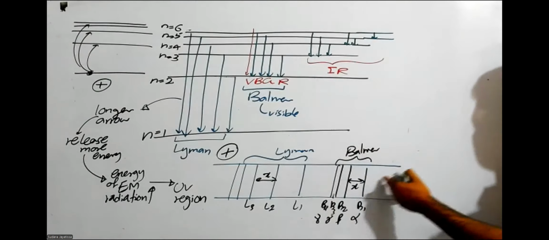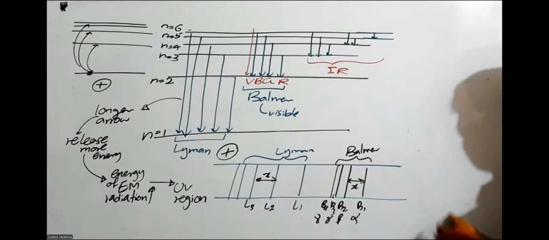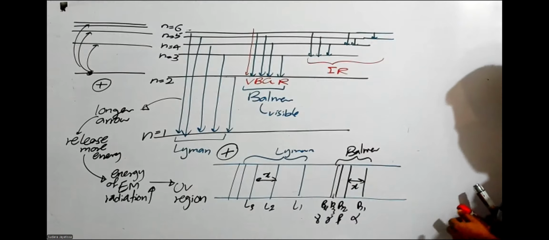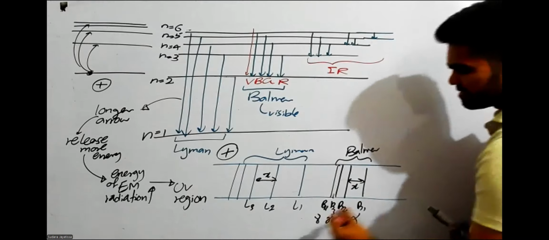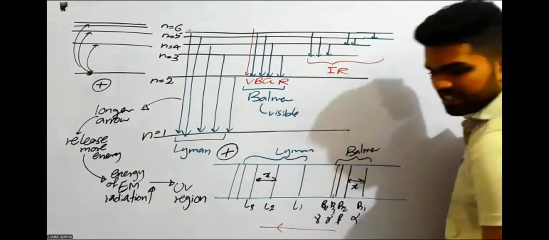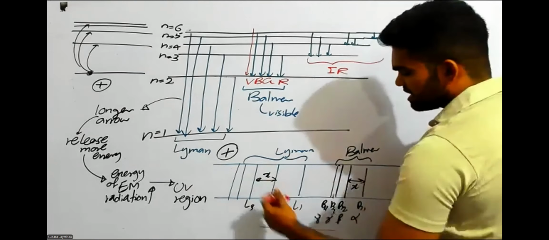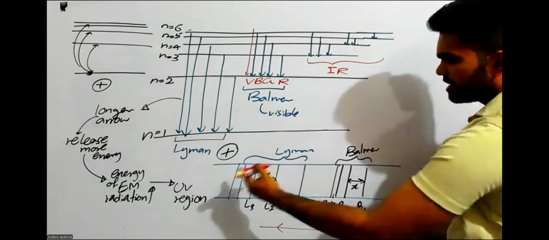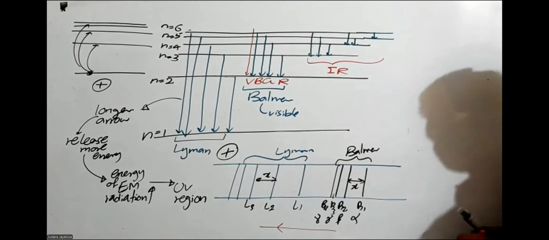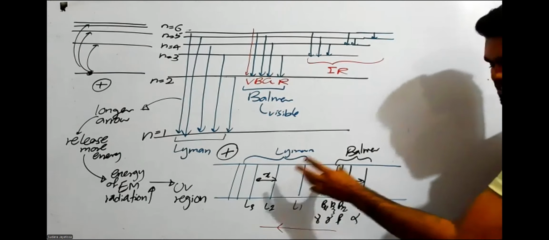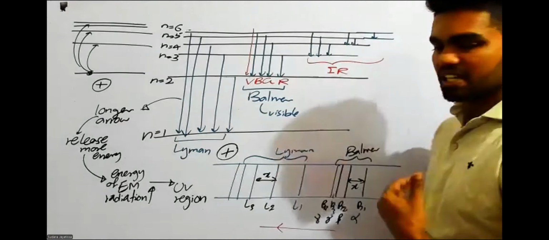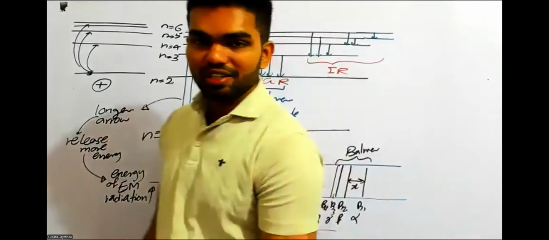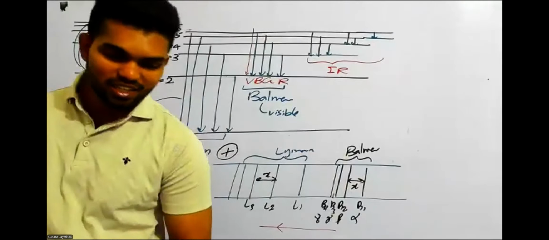Okay, then you have Paschen like that, with even narrower gaps, right? So now what is the increasing direction of energy? This way energy increases, frequency increases, wavelength decreases. So you can see in the direction of increasing frequency, the gap between lines decreases. Like that, you can find several other statements in your theory note.